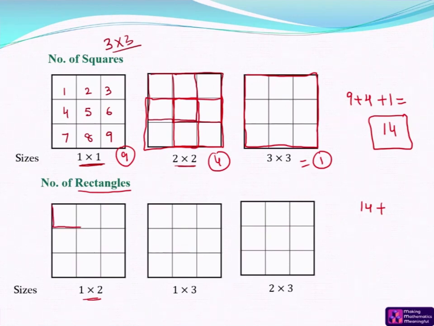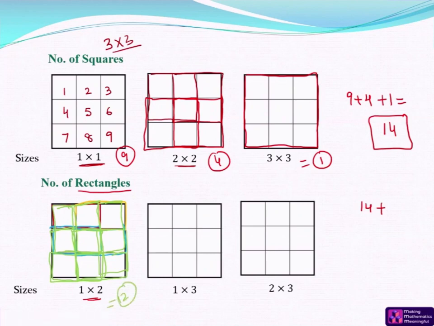Let's quickly count them: 1, 2, 3, 4, 5 and 6 horizontally, and then 7, 8, 9, 10, 11 and 12.